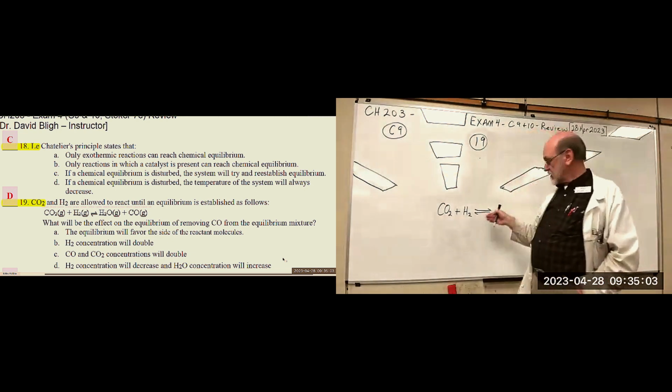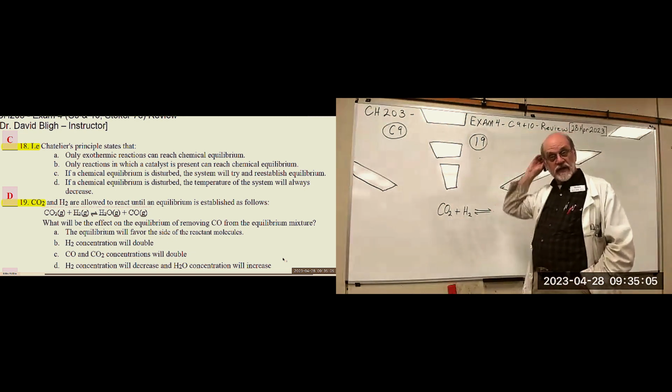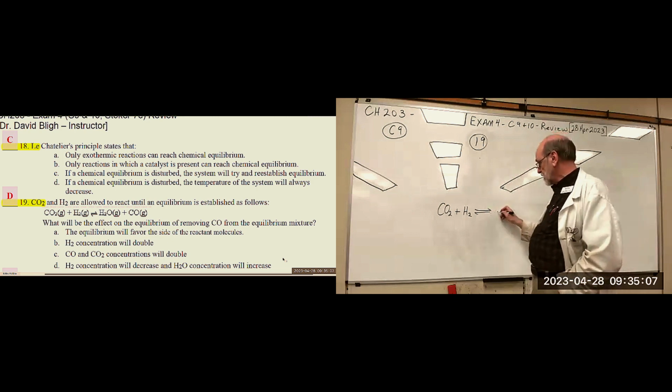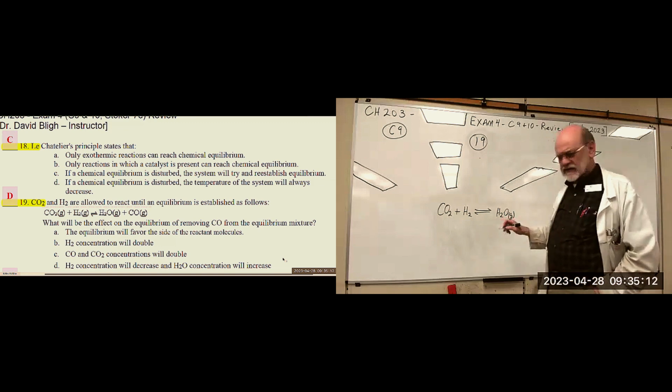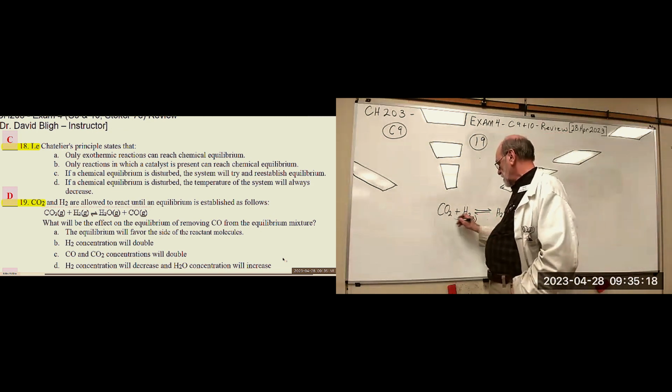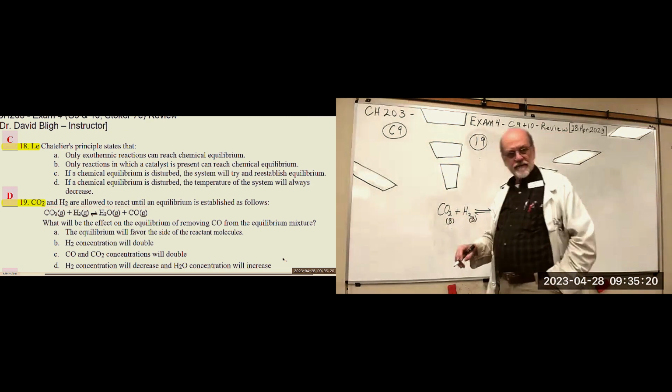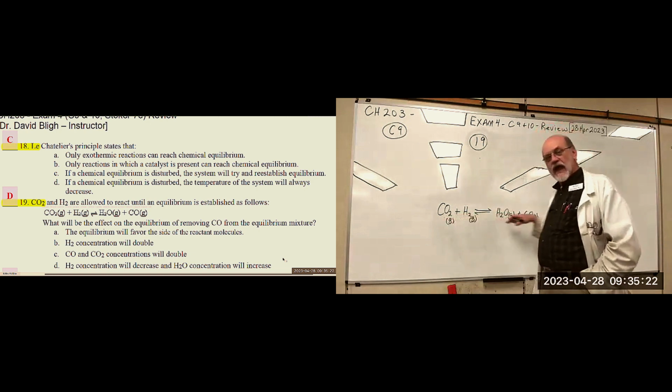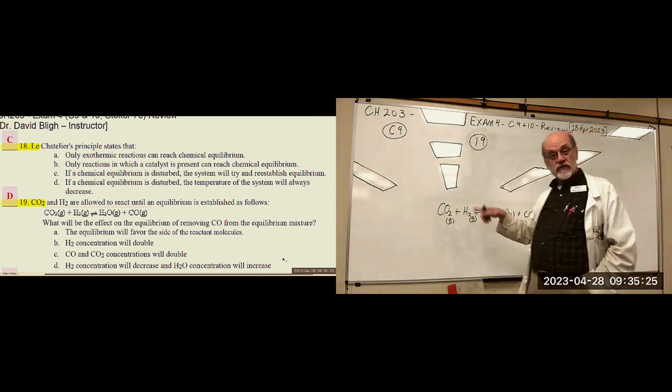And notice we write that double barbed arrow to mean that we can establish an equilibrium here. Makes water, let's see, how about the phases? We probably ought to put the phases in there. Carbon monoxide. This is a gas, and this is a gas. So this is an entirely gas reaction, which means we use every expression.